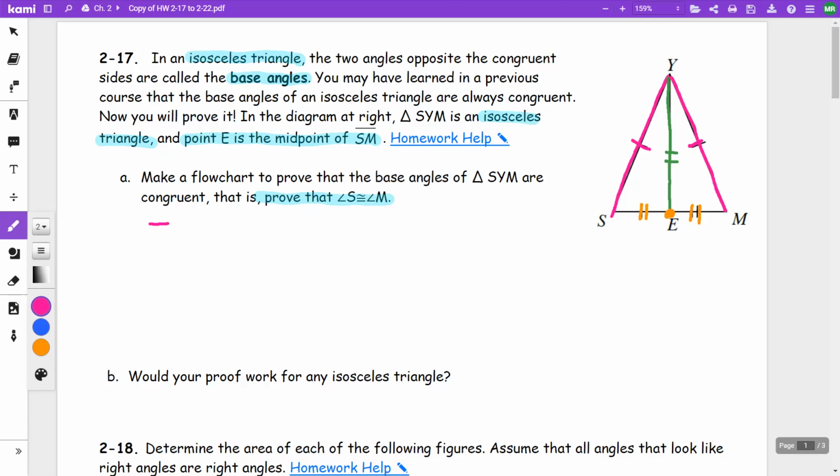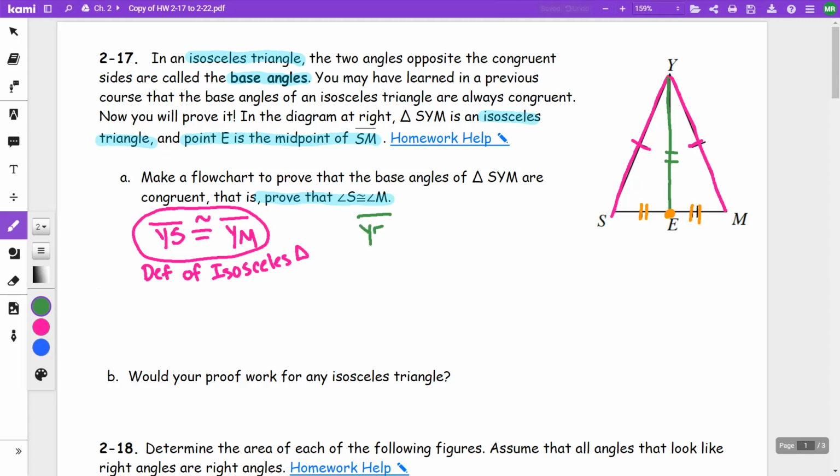So let me write out some of the statements. Line segment YS is congruent to line segment YM. This is definition of isosceles triangle. I also know that line segment YE is congruent to YE, and the reason for that is the reflexive property.